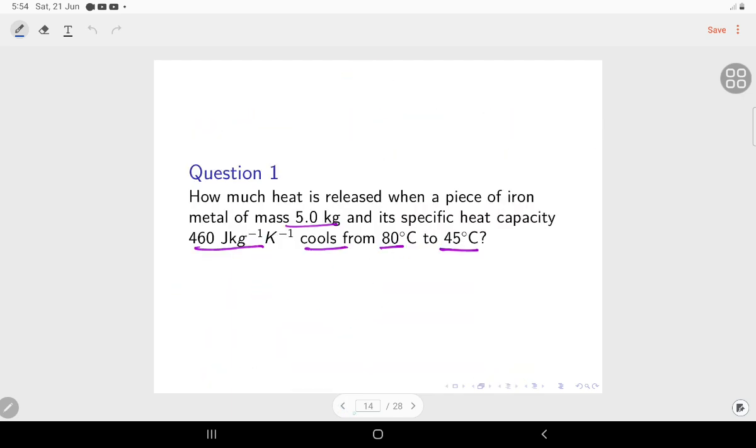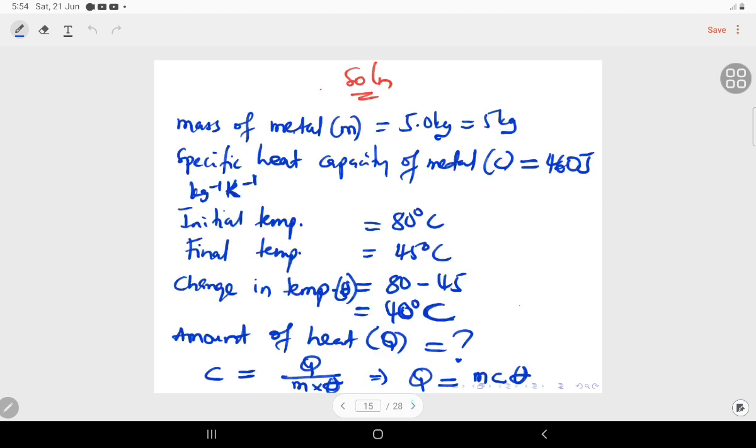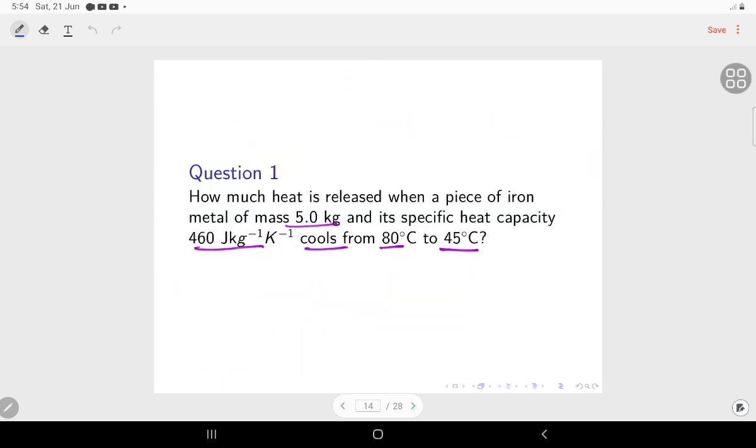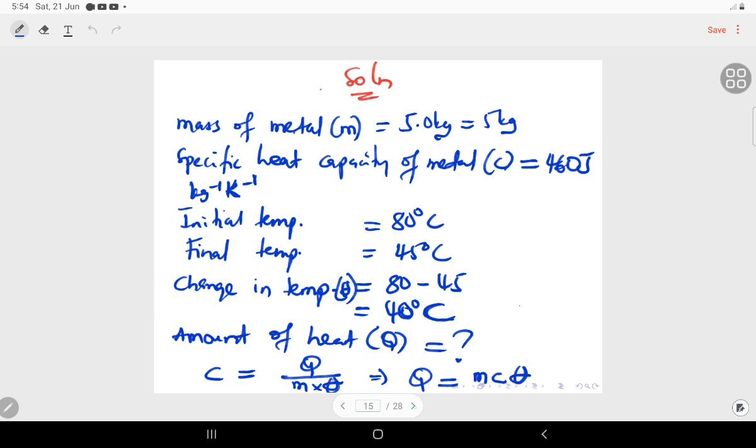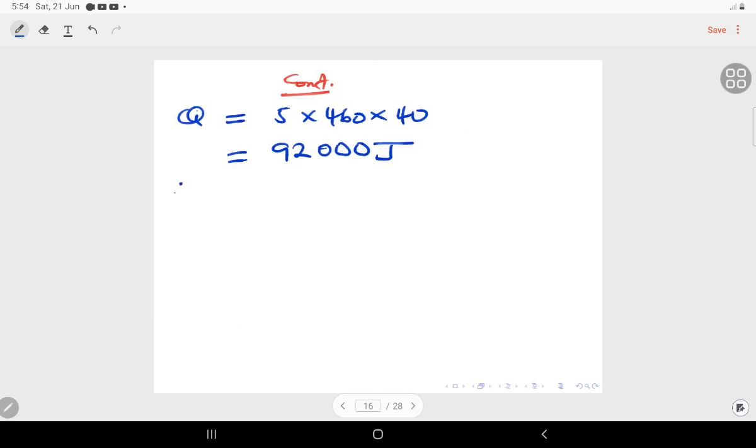Go back to the question. So you see that 80,500 Joule. Therefore, 80,500 Joule of heat is released.